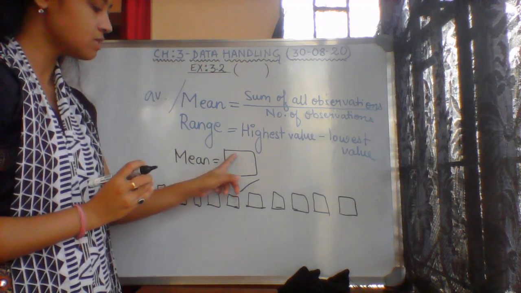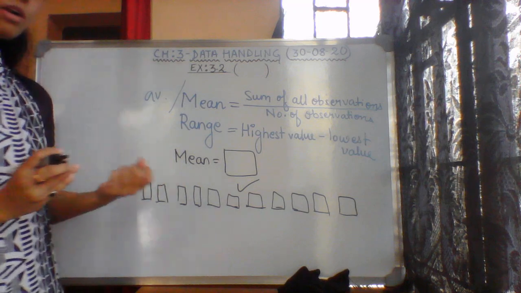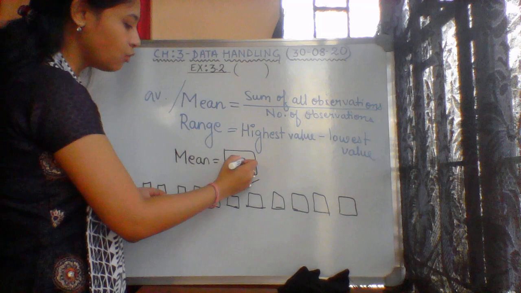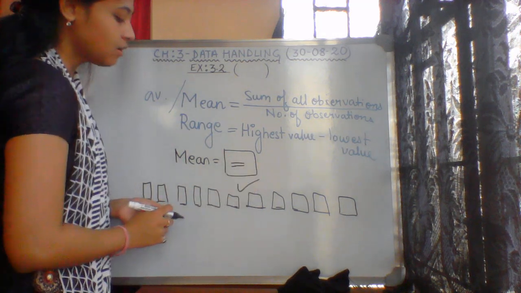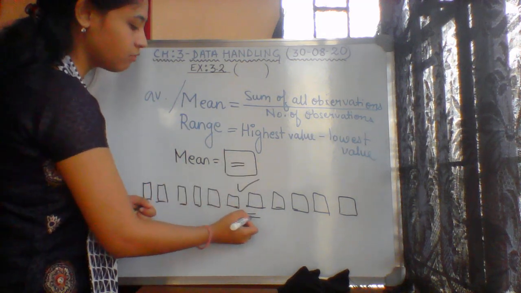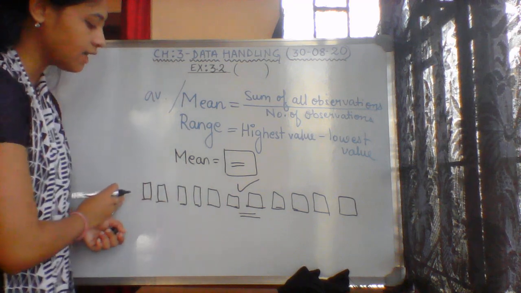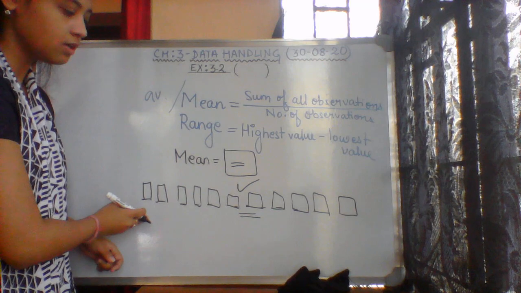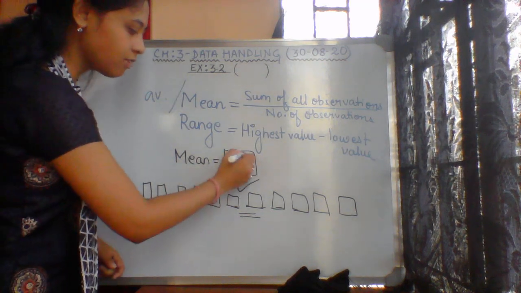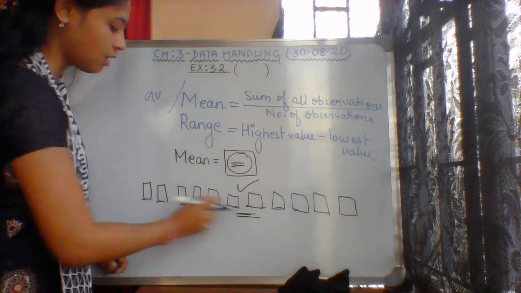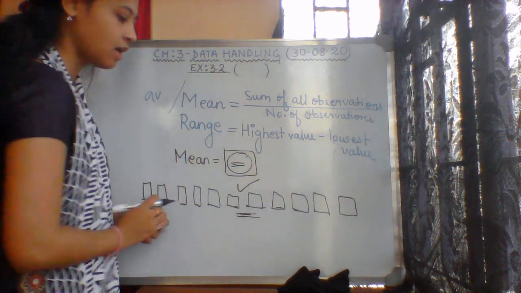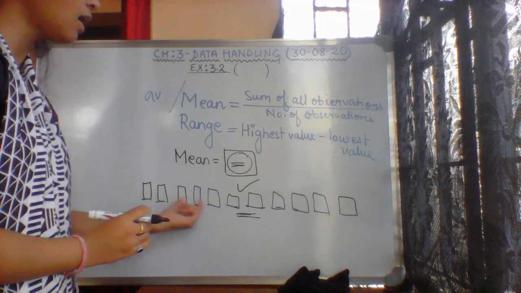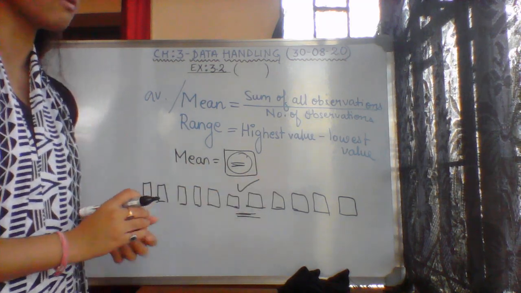Your number of observations may be different according to the question. But the value you are getting as the mean, you can see it is coming in between. When you arrange the data in ascending or descending order, the mean value is coming between the highest value and the lowest value, at an equal distance from both.